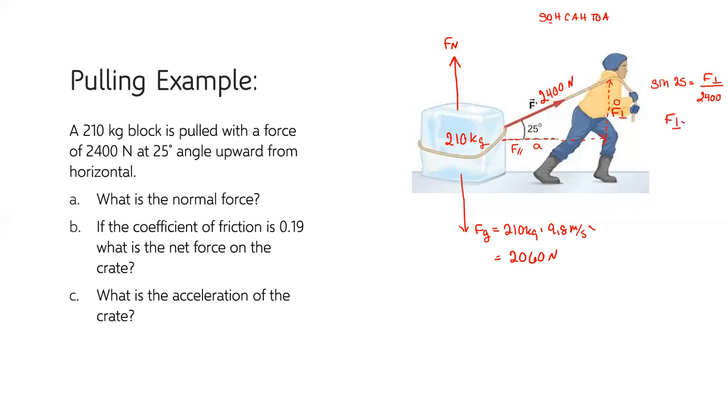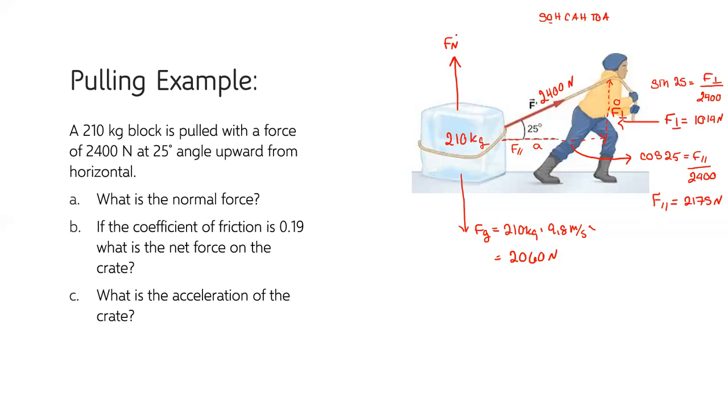The force perpendicular is equal to 1014 newtons. So that's our upwards force. This force here is our adjacent force. Cosine uses adjacent. So cosine of 25 is going to be the force parallel divided by 2400. So force parallel is equal to 2175. Okay. So now we have all of our force pieces plugged in that we know.